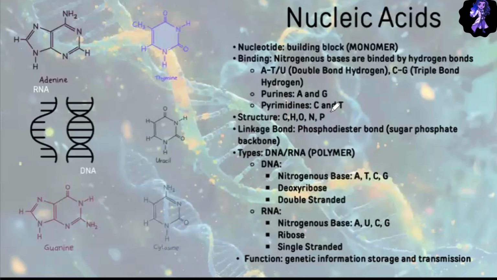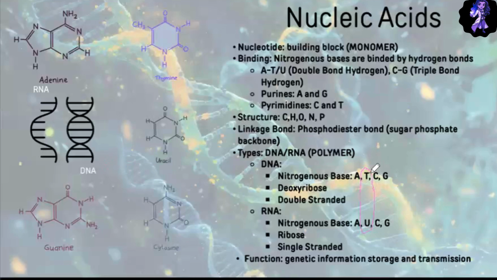So as a refresher, you have nucleotides. The main types of nucleic acids are RNA and DNA, RNA being single-stranded, DNA being double-stranded. They have the same nitrogenous bases, with the exception of thymine for DNA and uracil for RNA.